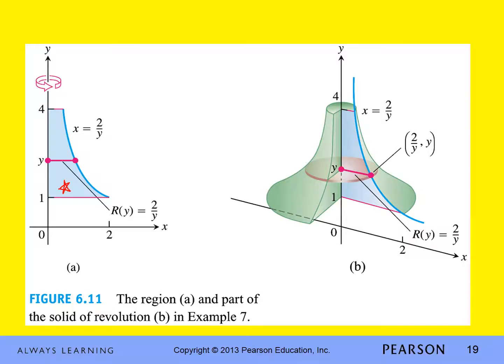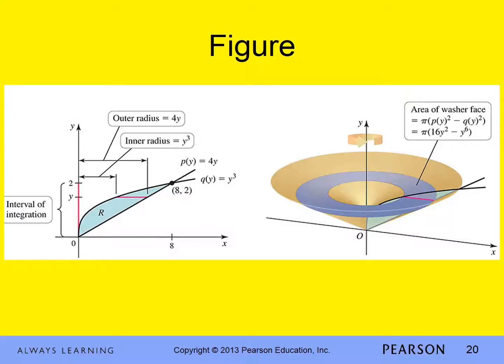Now we see how x is a function of y, so the r of y in this case would be 2 over y. And there's also a washer method for solids of revolution about the y-axis.